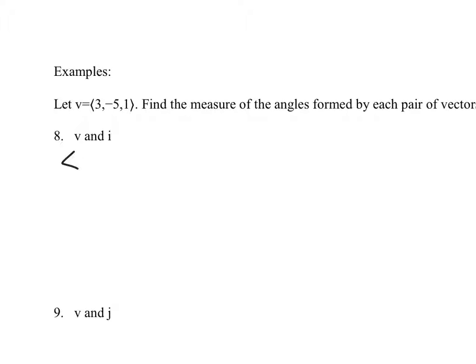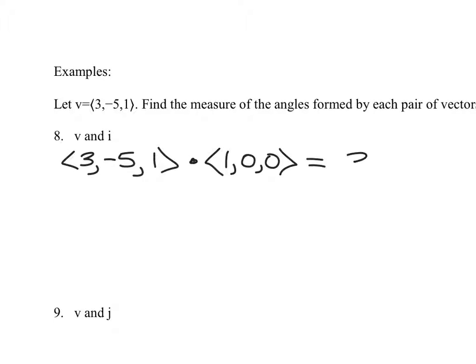So positive 3, negative 5, and 1 dotted against 1, 0, 0. And that's just going to give you an even 3.